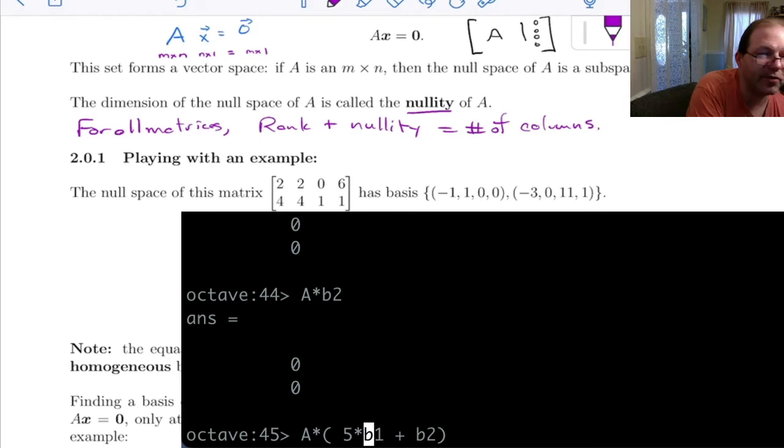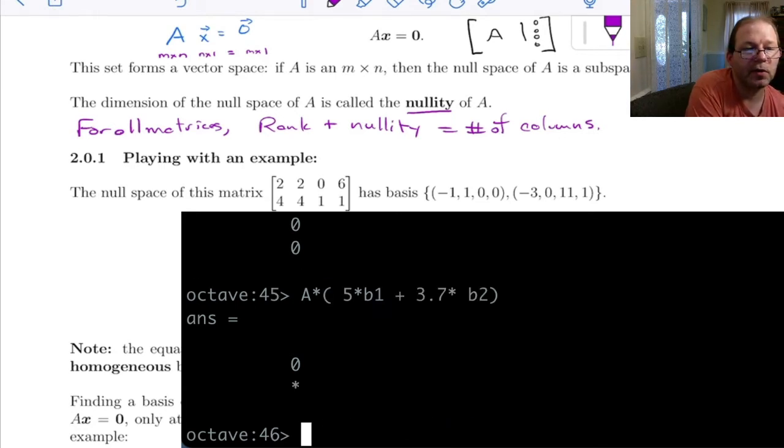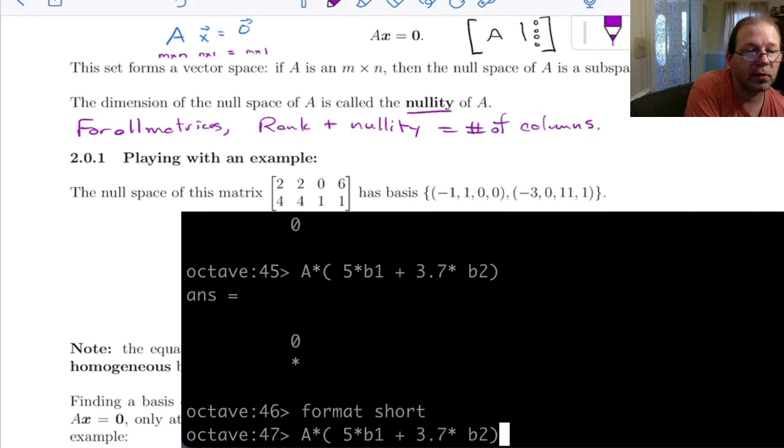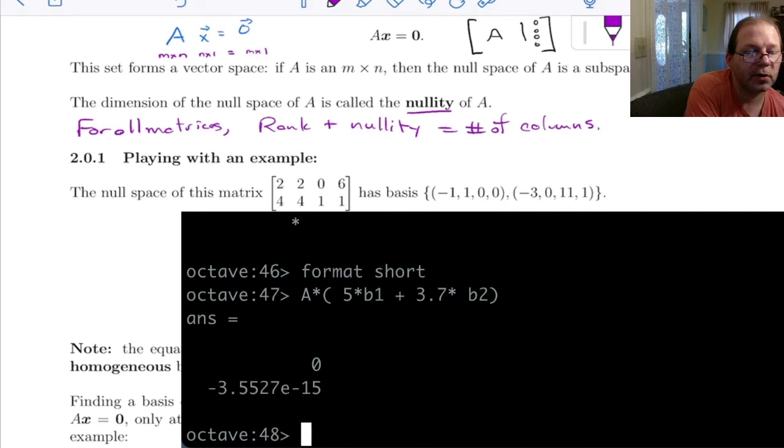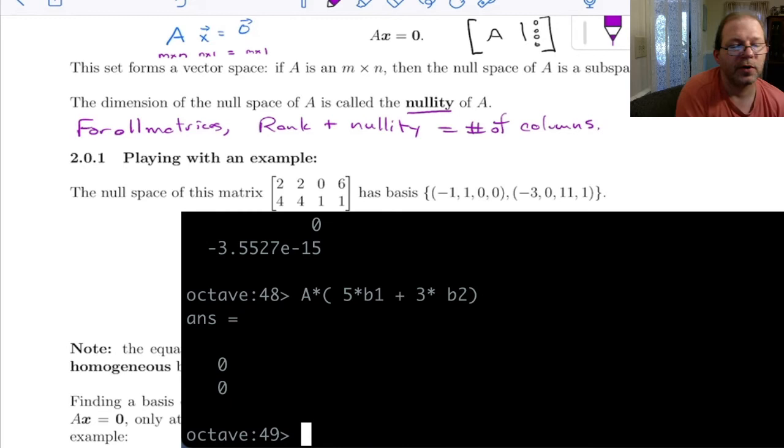Let's say 5 times this one plus, let's get crazy, 3.7 times that one. It gave me a star. What does that mean? It means a round off error. But yeah, it's giving me 0, 0. So anything we put in there will give that to us.